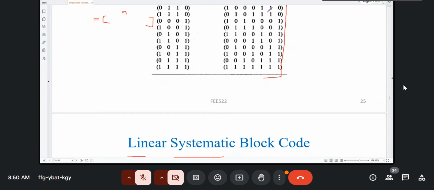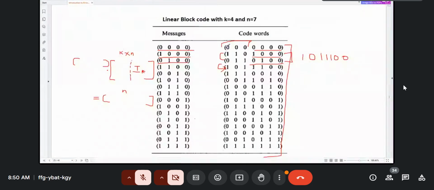Since for the case of 4-bit messages the only possible messages were these, if you get anything else, it means there's an error, and getting anything else means the syndrome is not 0.